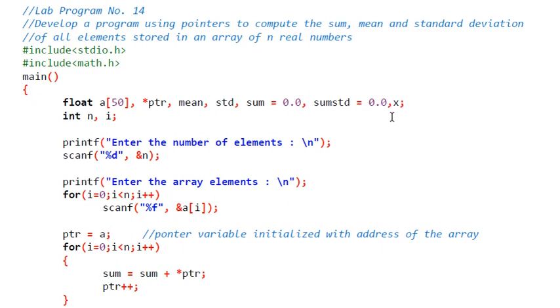And I have one more variable, floating point variable x. And also I have two more variables of integer type, n and i. n gives the number of elements, how many elements the user wants to give, that is stored in n, and i is used as an index for the for loop.